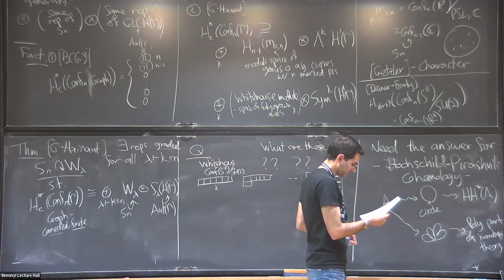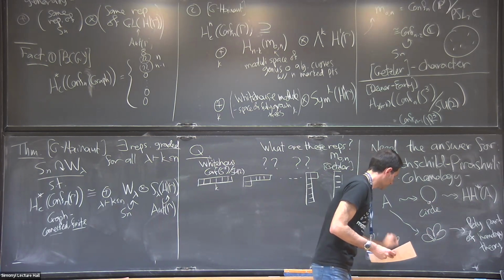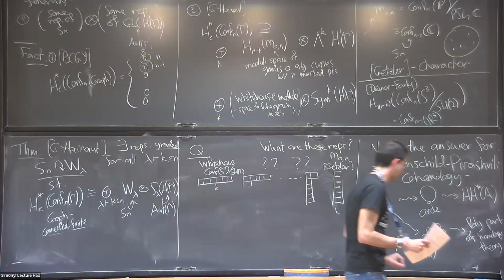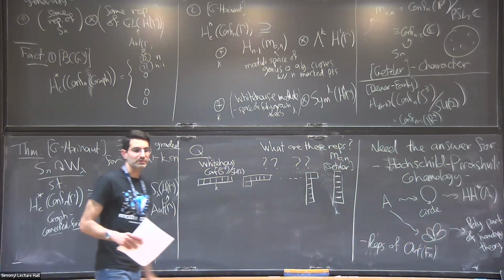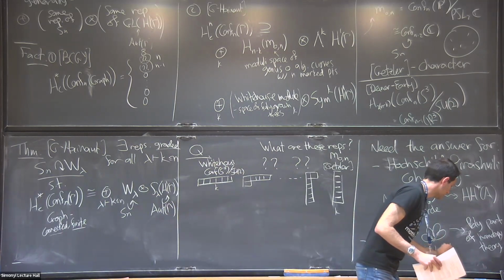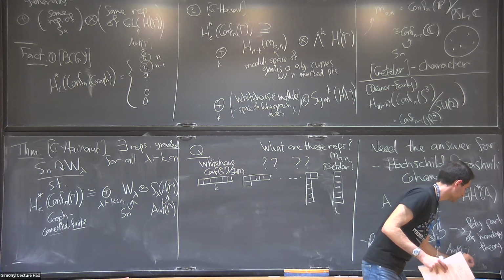That's one thing. Another thing is understanding representations of the group Out(Fn), the outer automorphism group of the free group, which is the automorphism group of the free group mod conjugation.